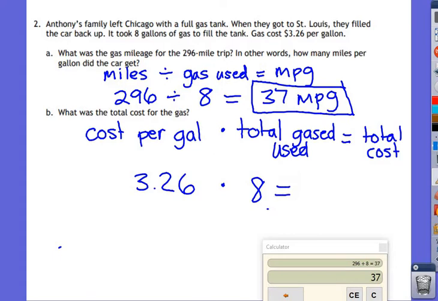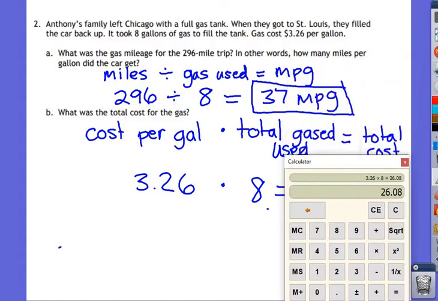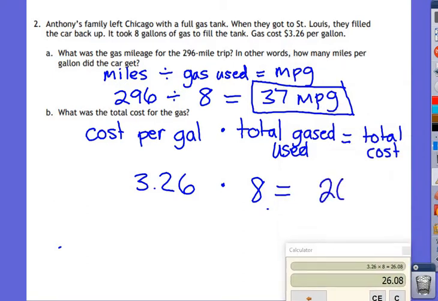Now I have a multiplication problem. 3.26 times 8 is 26.08. This is money, so that would be my total cost for that trip.